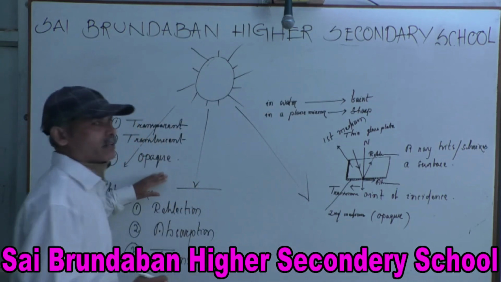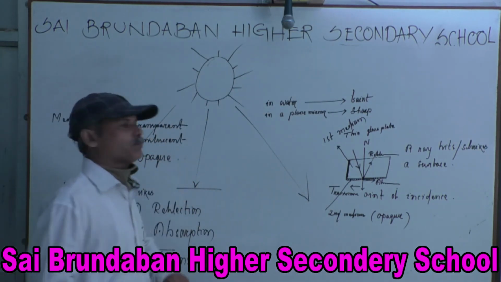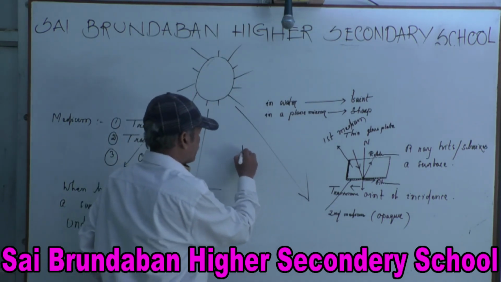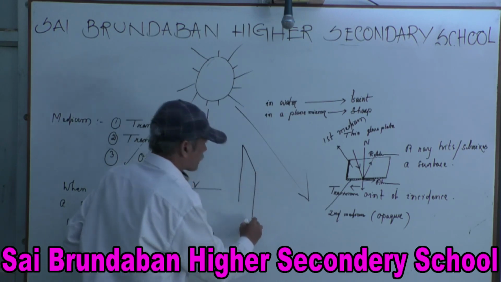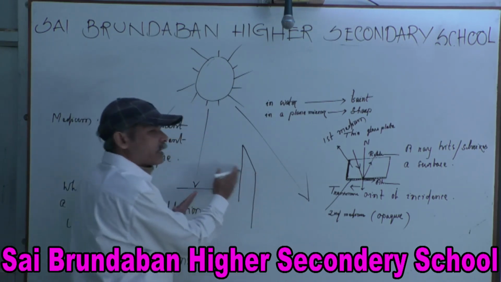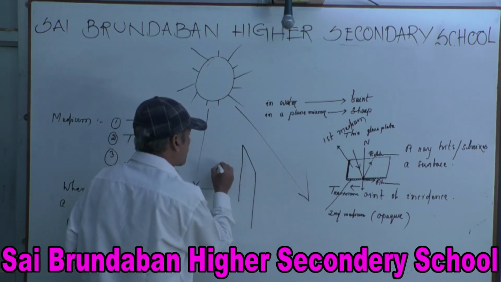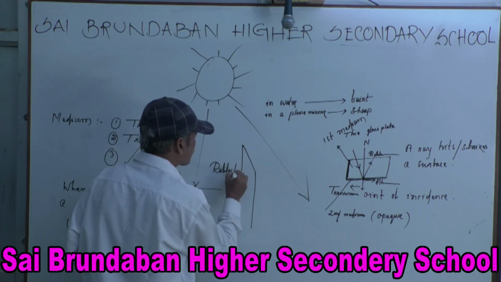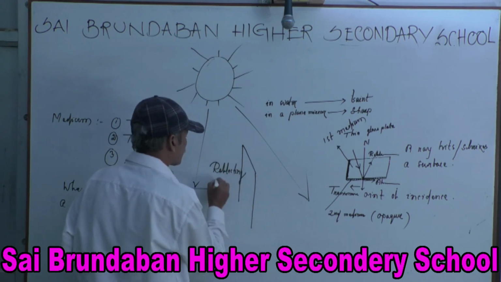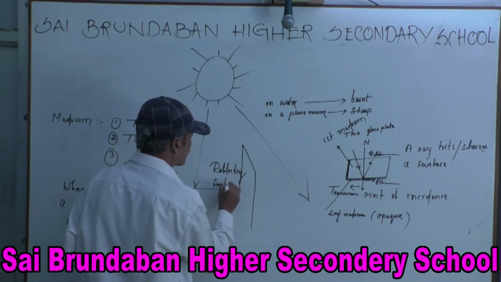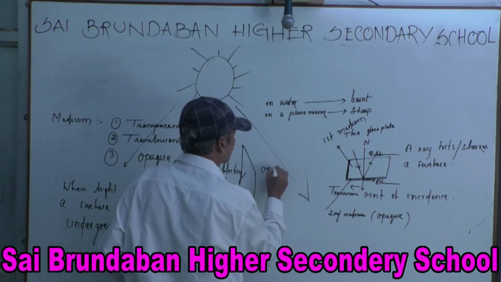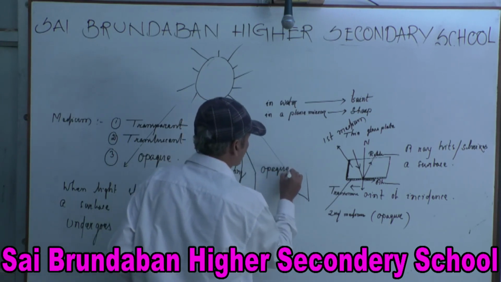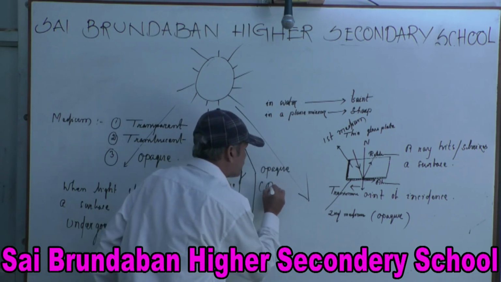That is called opaque. So when we make a mirror, if this is the reflecting surface, then the backside of it is opaque, a silver coating.